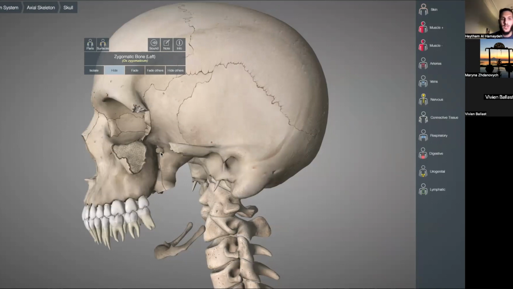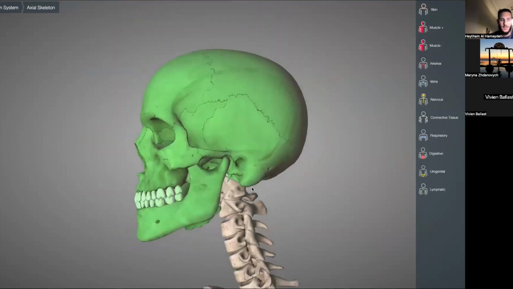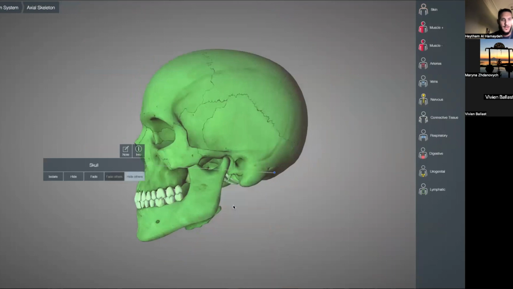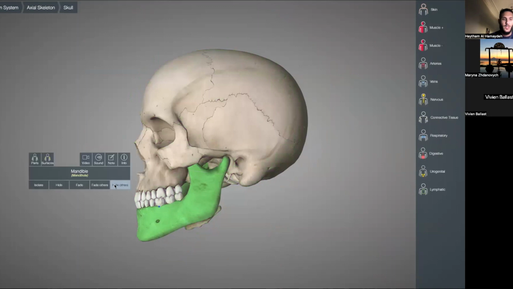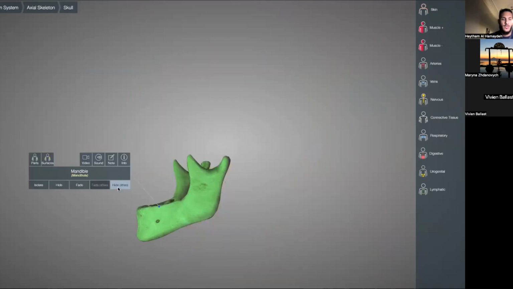The next one, are you guys ready? Yes. Okay. The next one, let's get the skull out. Hide the others. Maybe the mandible. Hide the others.